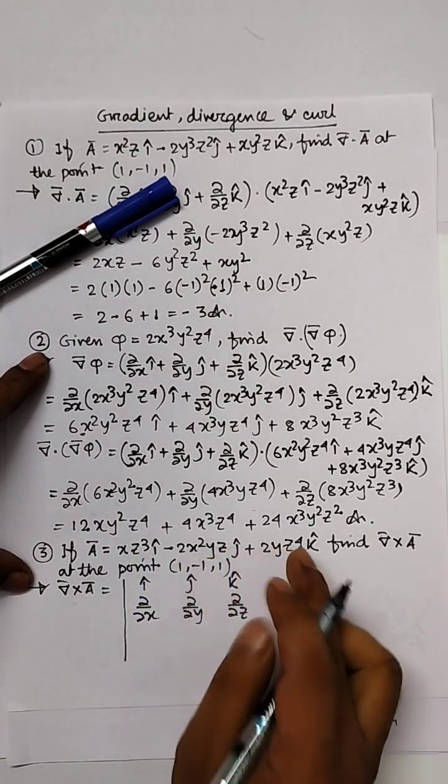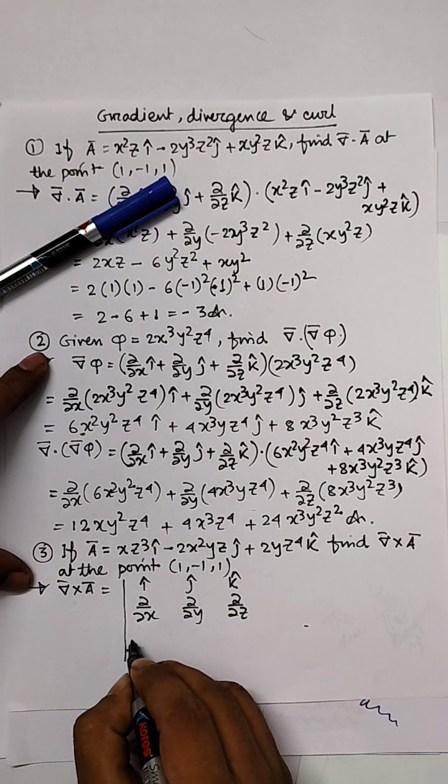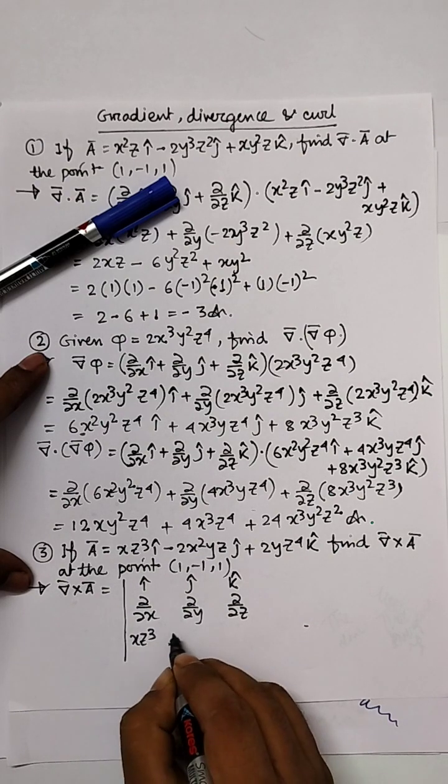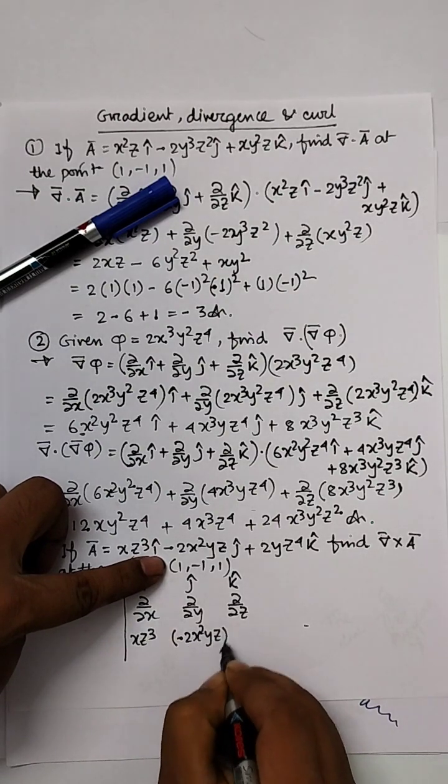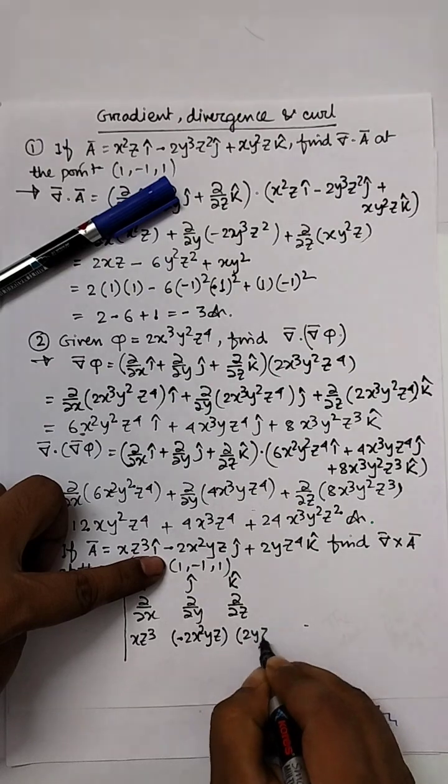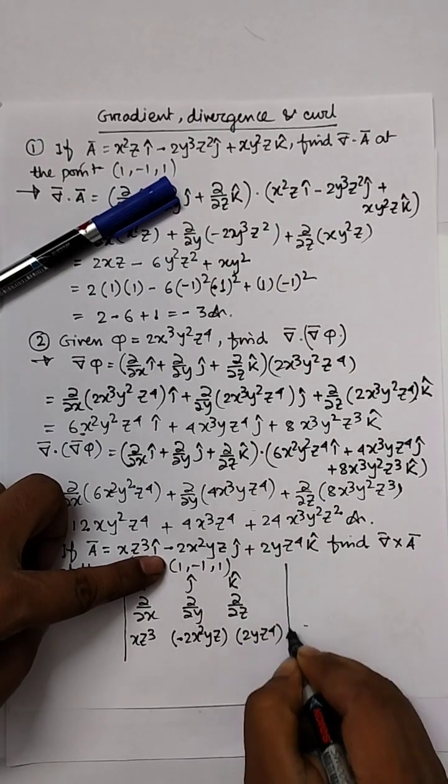Third row is the coefficients of i, j, k with sign, that means xz³, −2x²yz, 2yz⁴.